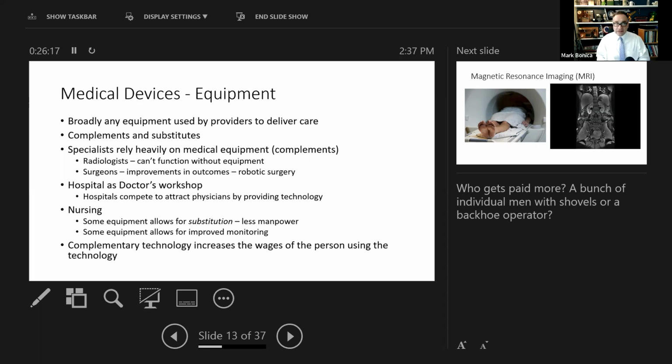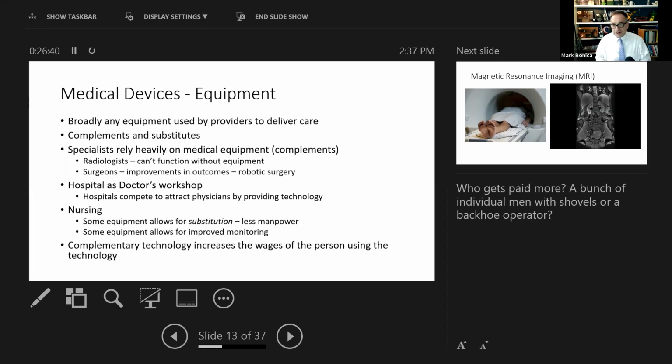There is evidence, it's well established, that robotic surgery done by a surgeon who has been properly trained and has a proper amount of experience has better outcomes than non-robotic surgery. So robotic surgery is a complement to the surgeon.